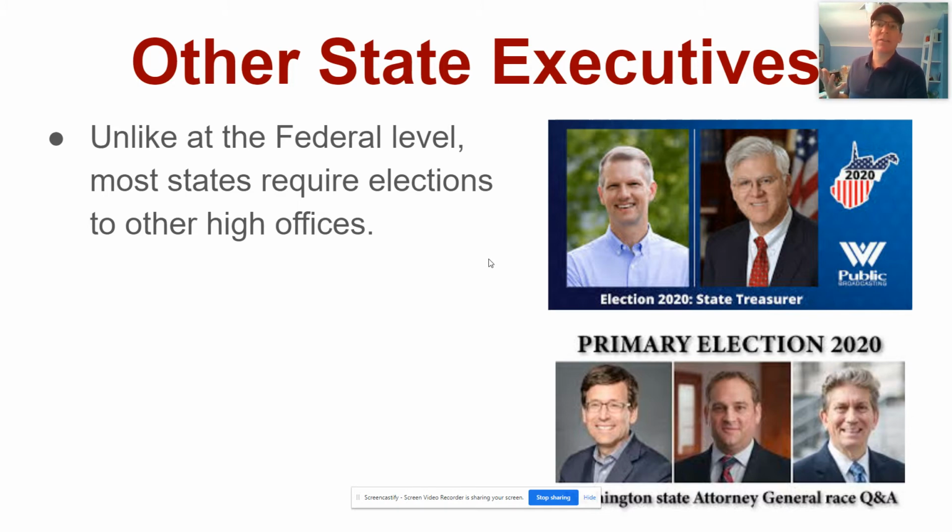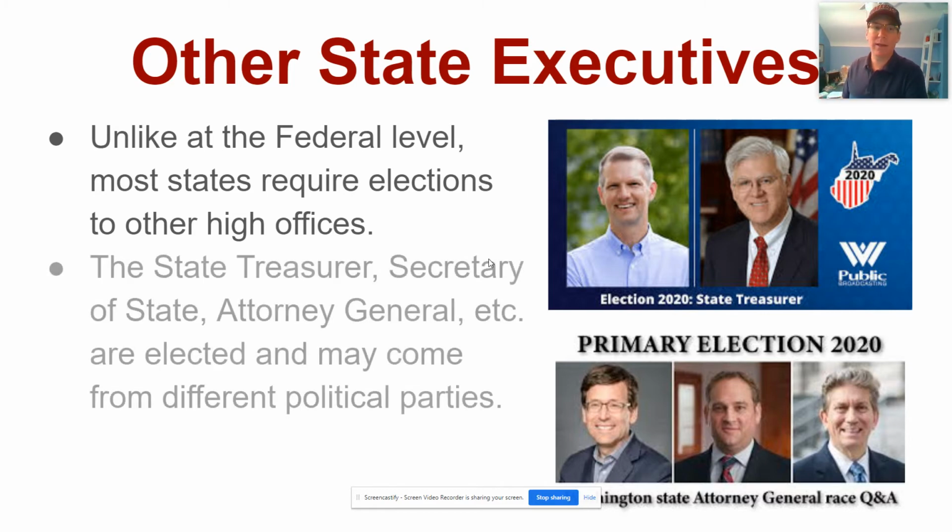When we're talking about the president and the presidency, he appoints or she appoints members of their cabinet, but in most states, it doesn't work that way. In most states, people like the state treasurer, secretary of state, and attorney general, these are big offices that exist in most states. These are elected, and they sometimes come from different political parties.